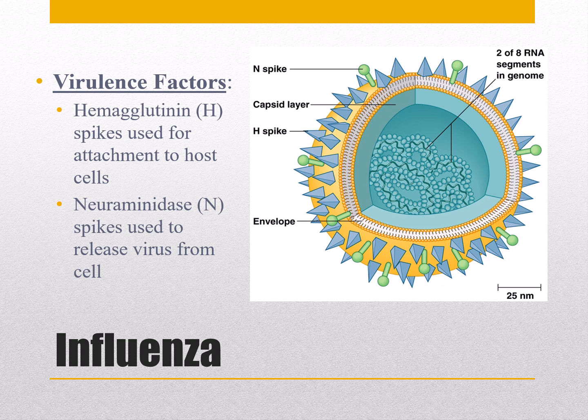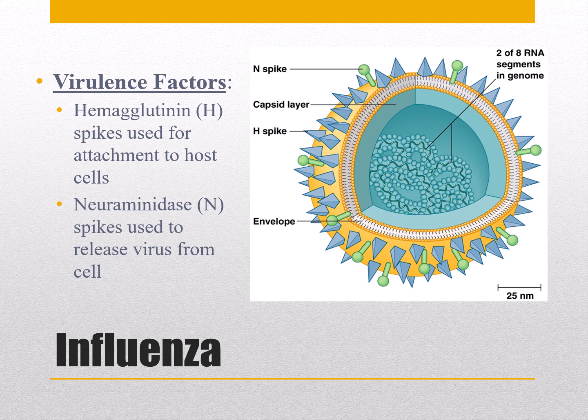Now, if this virus changes specifically two things about the outside of its structure, specifically the N spike and the H spike, that's all you need to know. That's all I care for you to know is the N spike and the H spike. If it changes those two physical structures on the outside of itself, then our immune system can't recognize it.